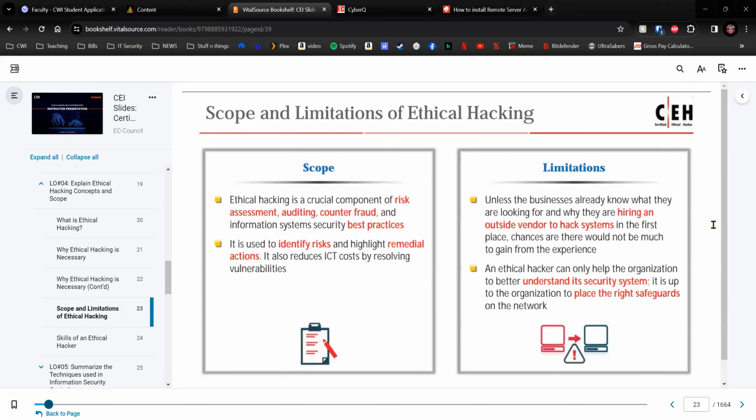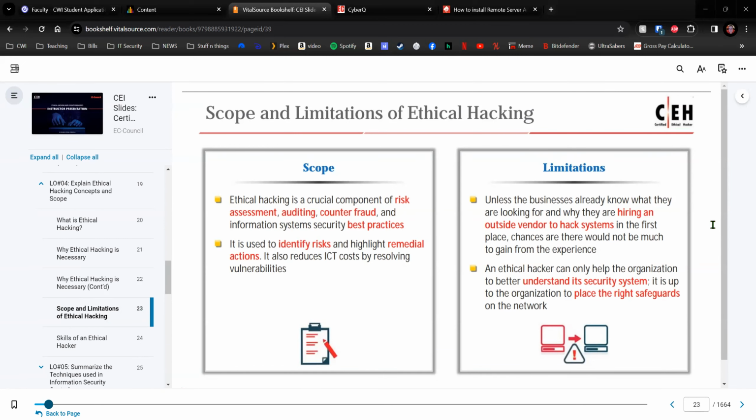Okay, so these are two very important concepts: the scope and the limitations. So scope in ethical hacking is a crucial component of risk assessment, auditing, counter fraud, and information system security best practices. It is used to identify risks and highlight remedial actions. It also reduces ICT costs by resolving vulnerabilities.